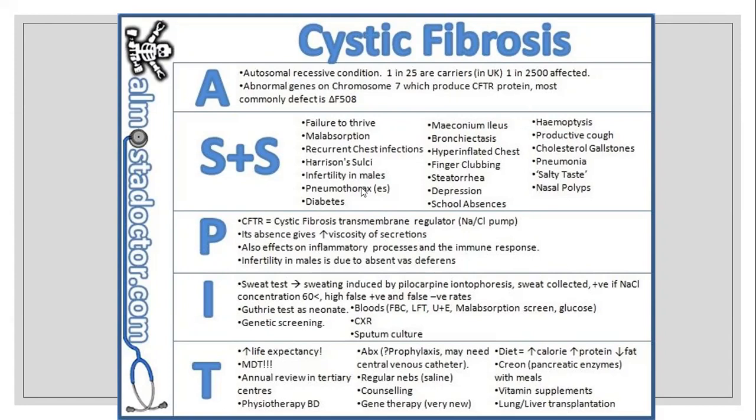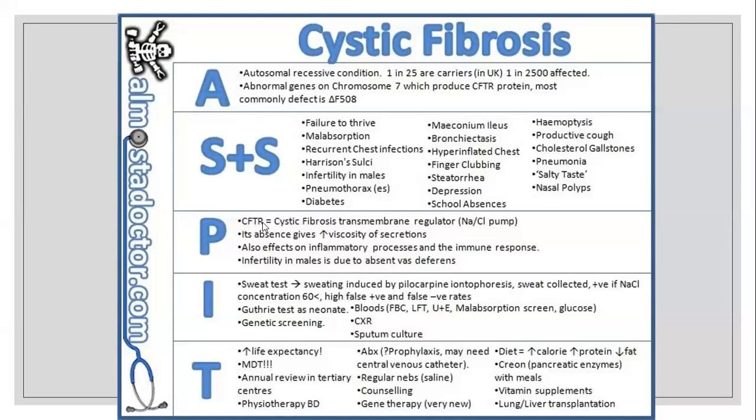Most common symptoms: failure to thrive in the case of a baby, malabsorption, recurrent chest infection, infertility in men, pneumothorax, diabetes, meconium ileus, bronchiectasis, steatorrhea, mixed fat, depression, hemoptysis, productive cough, pneumonia, and nasal polyps.